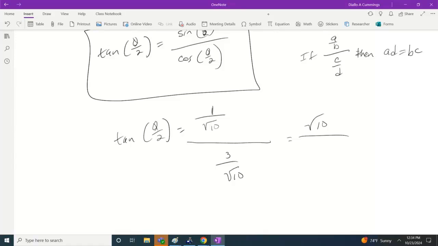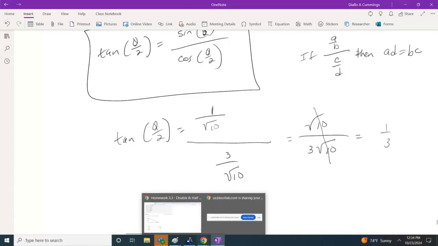I can multiply the square root of 10 times 3, which is 3 square root of 10. And then I get 1/3. So notice how you navigated through it without doing a whole lot. So you should get 1/3.